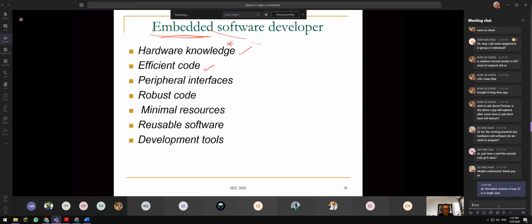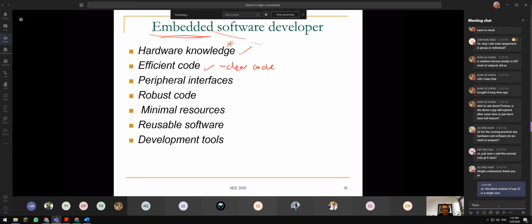So efficient code means that your code has to be clear. If the code is clear and short, when you compile it, the size of the generated code is very small. This means it's a good code, provided that it can carry out the task. So efficient code means clear code.